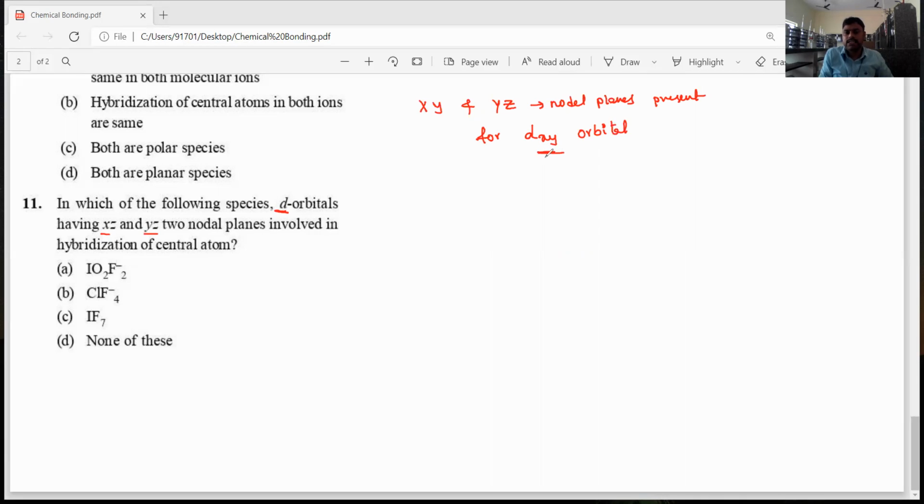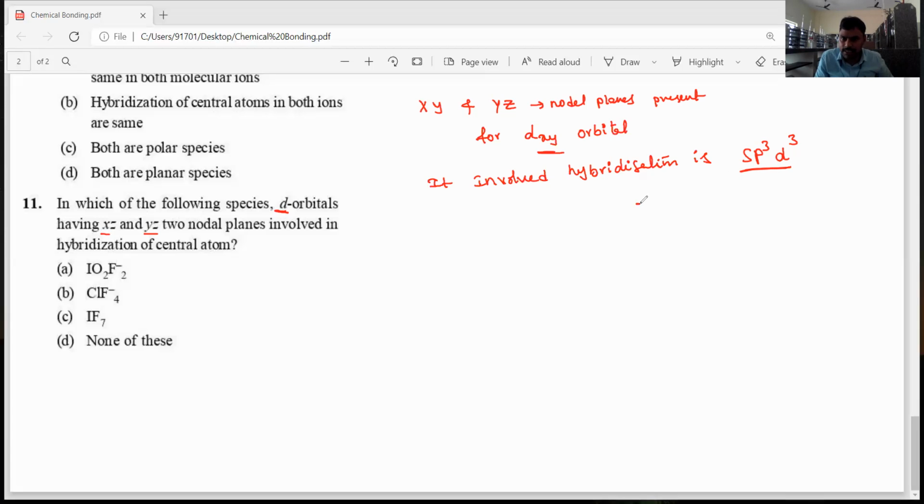The dxy orbital involved in hybridization is sp3d3 only. sp3d3. Why sp3d3, dear students?